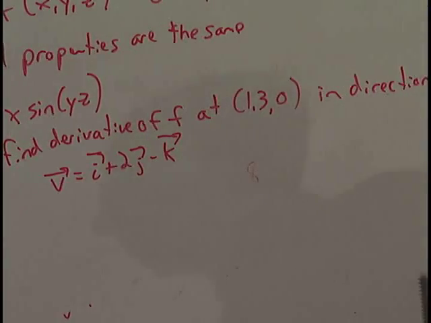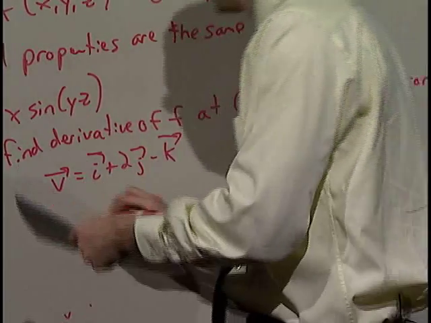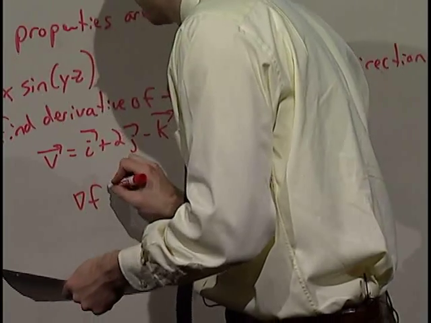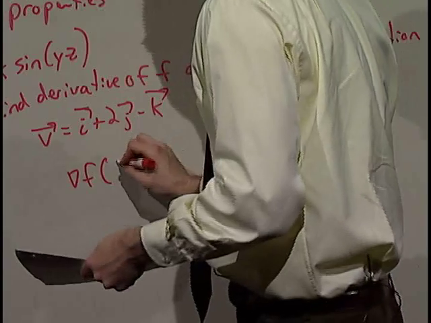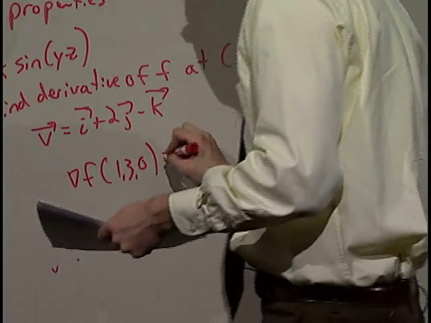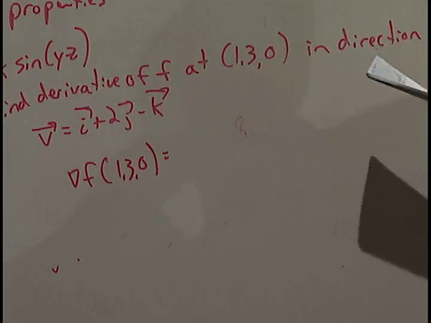Okay? So we need the gradient of f at the point 1, 3, 0. So what does grad f look like?